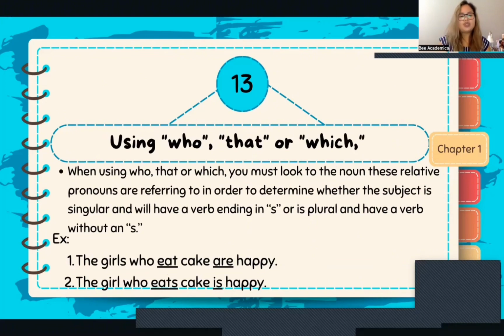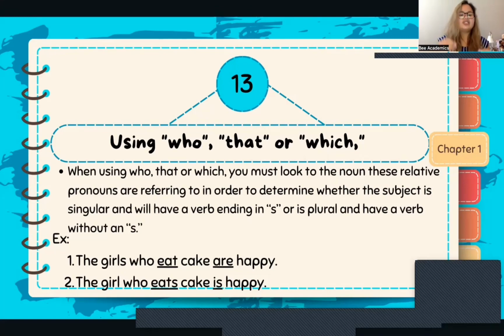Again, when using these words, you must look to the noun these relative pronouns are referring to in order to determine whether the subject is singular and will have a verb ending in S, or if it's plural and has a verb without an S. For example, the girls who eat cake are happy.